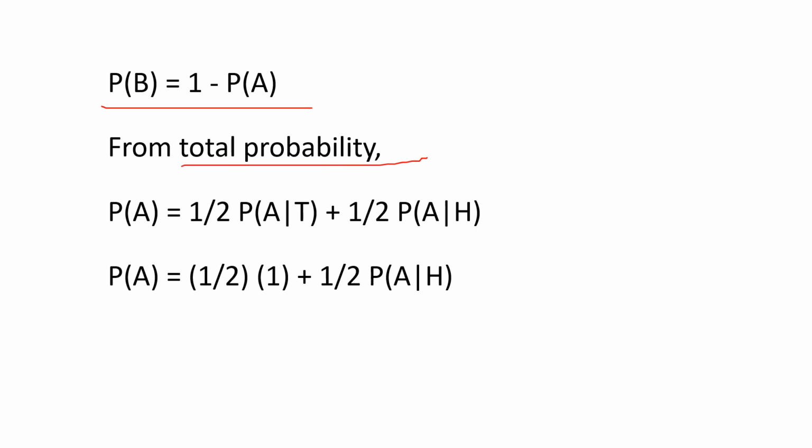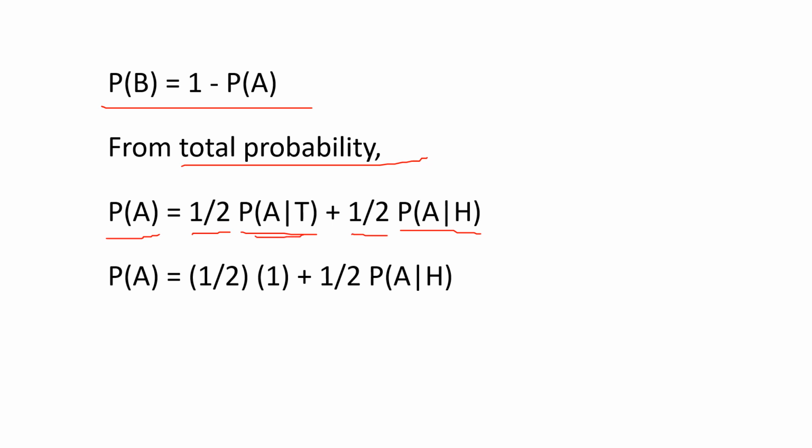And from the total probability theorem we can write probability of A winning is equal to probability of A winning given that A tossed tails multiplied by probability of tails, that is 1 by 2, plus probability that A wins given that A tossed heads multiplied by probability of heads, that is 1 by 2.